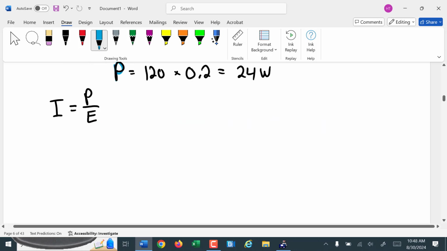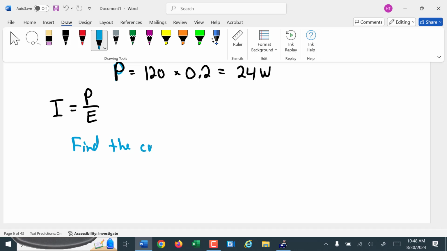Now this can be written in different forms as well. If I wanted to find the current, that's the power divided by the voltage.